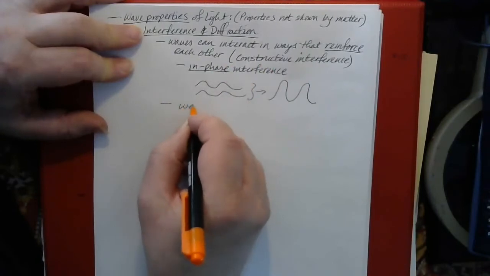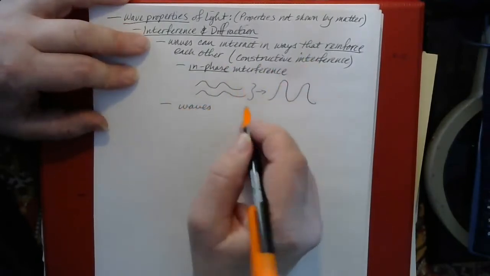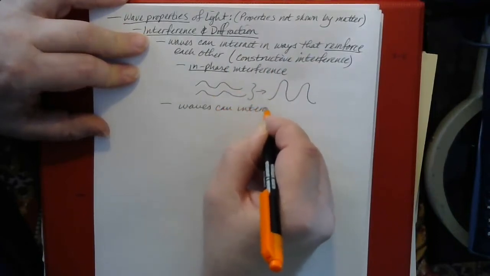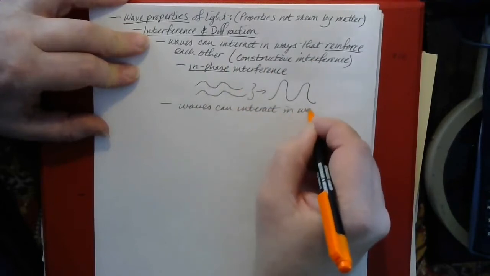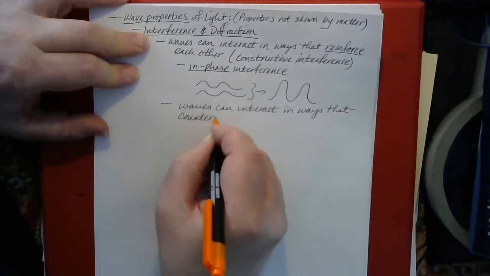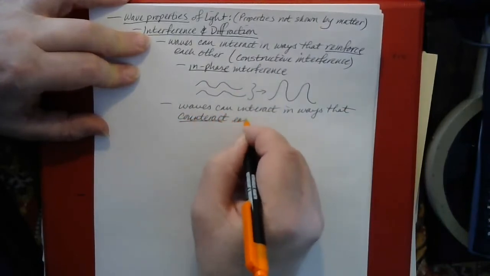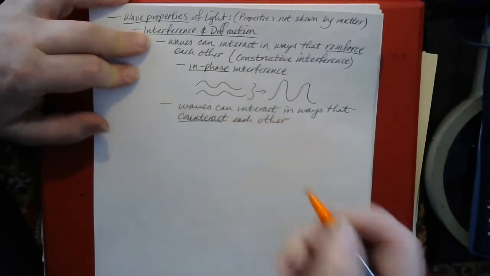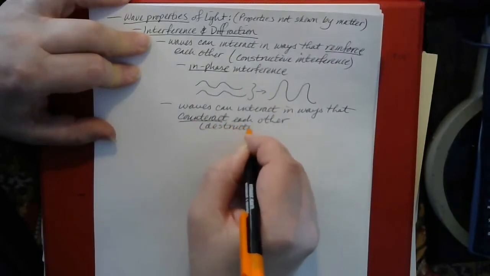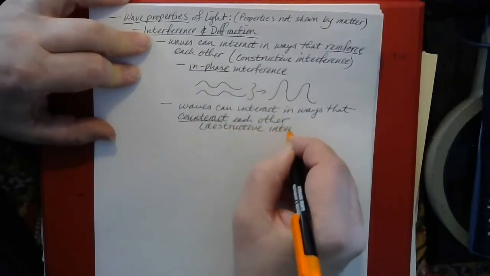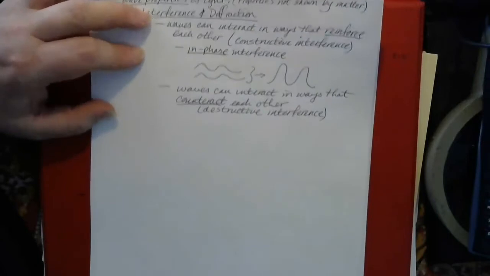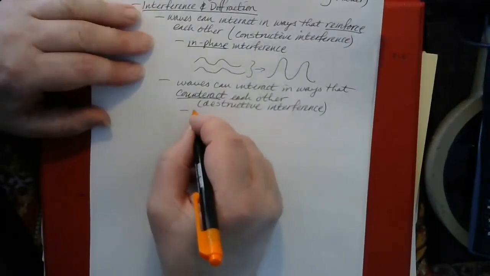Okay, also, they can interact in ways that counteract each other. And that's known as destructive interference. And that would be out of phase interference.